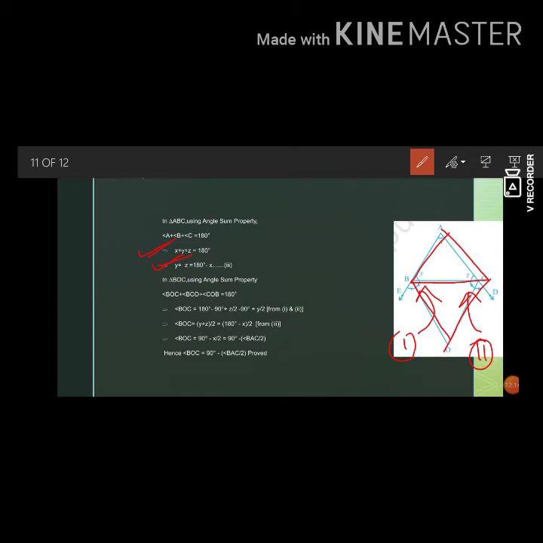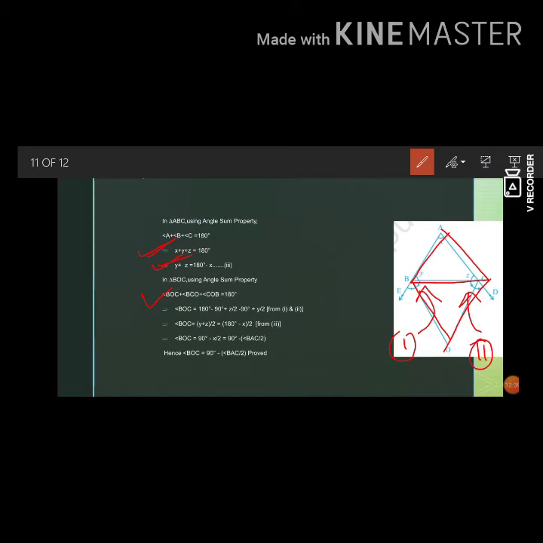And by using the angle sum property, we can write angle BOC plus angle CBO plus angle BCO is equal to 180 degrees. Now we already know the values of CBO and BCO.